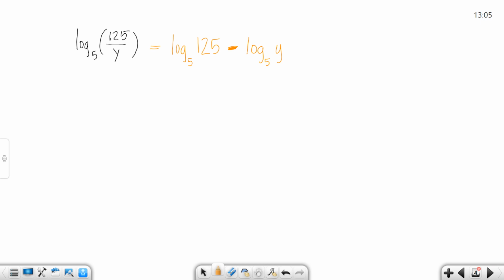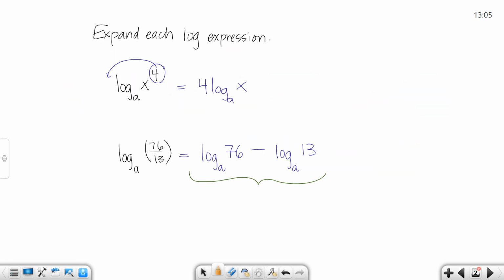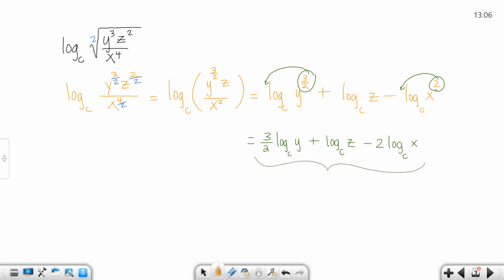Now, this one's interesting. We haven't done this one like this before. Prior to this one, let me actually flip back a slide or two. We had base A, x, base A and a number, base A. We had base C, base C, base C. Nothing simplified because we had letters in the bases.